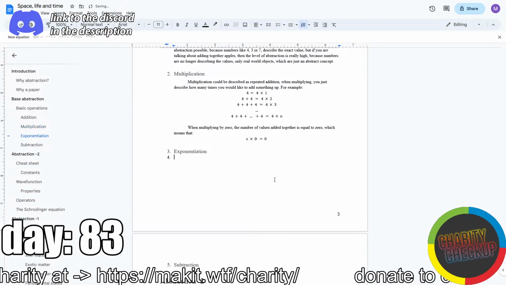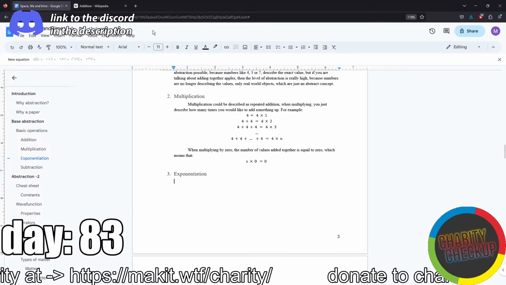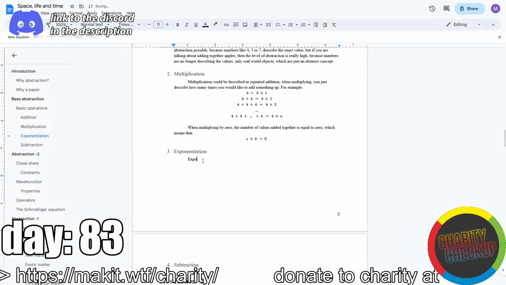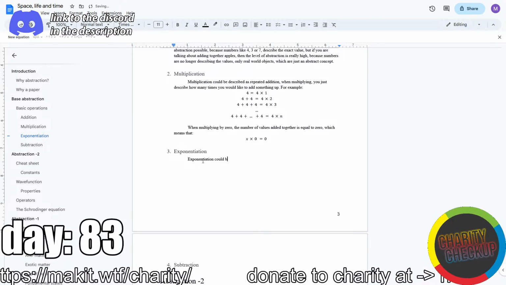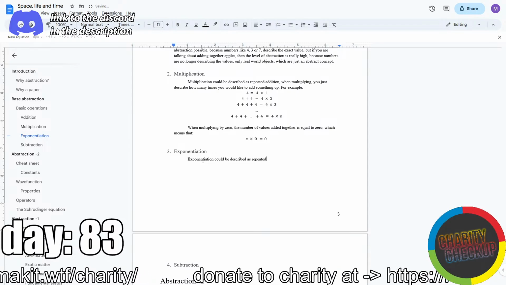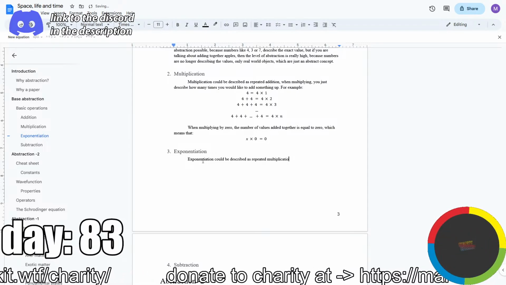Now exponentiation. Exponentiation could be described as repeated multiplication.